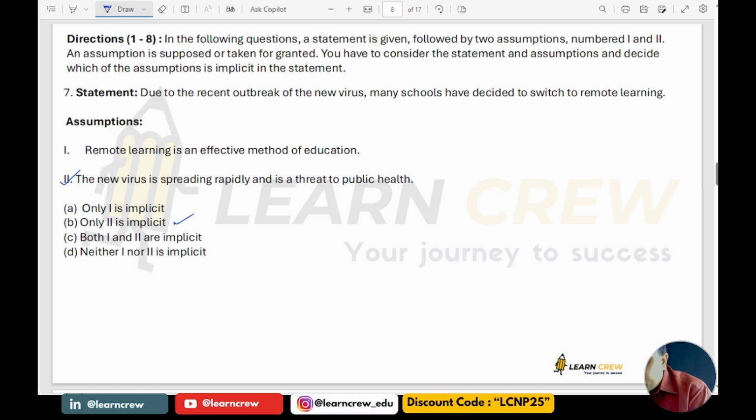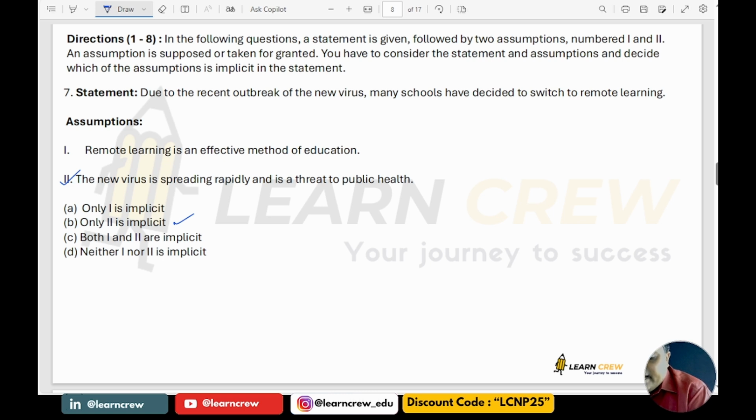Remote learning is an effective method of education, it cannot be said whether it is effective or not, because there is no data mentioned in the statement with respect to that. The statement mentioned that many schools have decided to switch to remote learning due to the recent outbreak of the new virus.